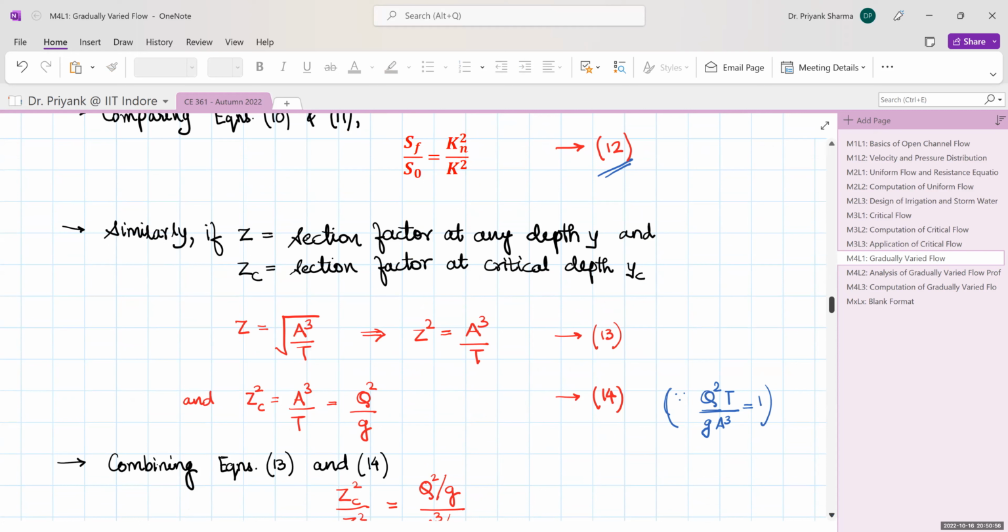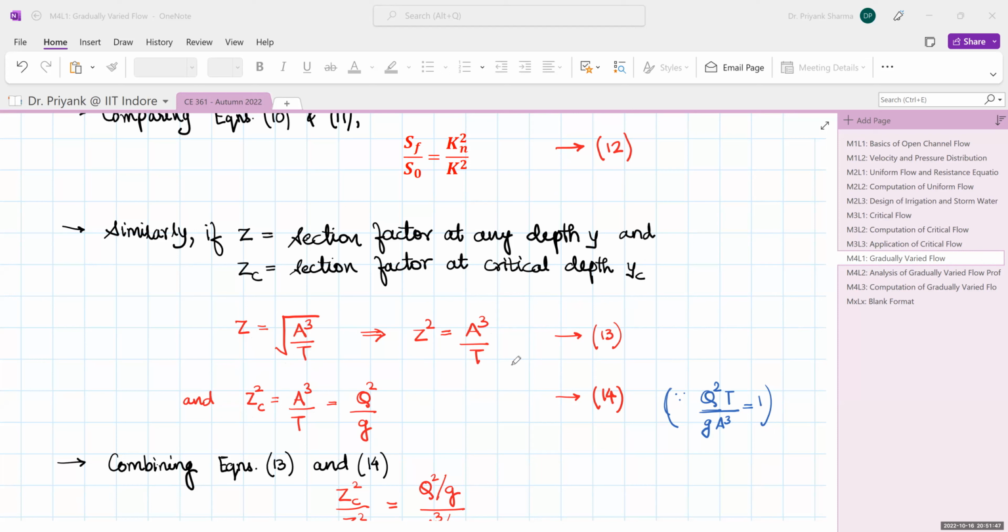Next is the section factor Z. So the section factor Z is at any depth y, and Zc is the section factor at critical depth yc. The section factor is given by Z is equal to under root A cube by T. So Z square is equal to A cube by T, and Zc square, that is A cube by T, that is for the critical condition, and that is Q square by g.